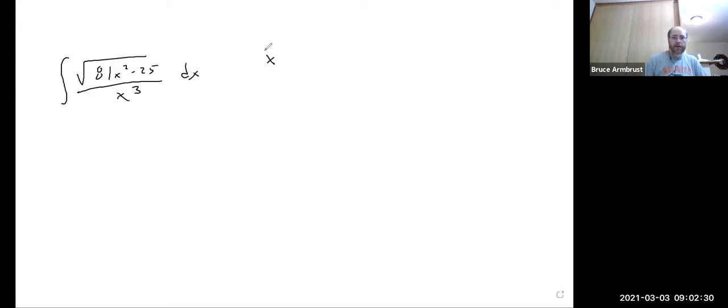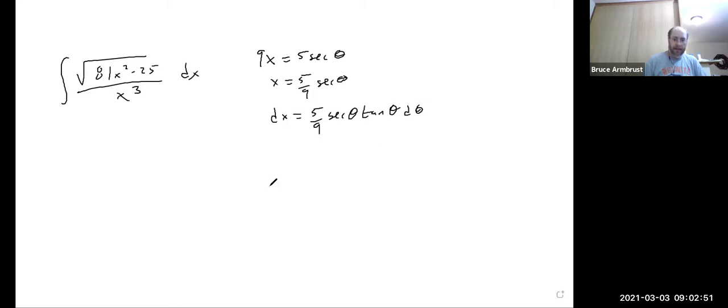And again, we're going with the substitution: 9x equals 5 secant of theta, or x is 5/9 secant of theta. So dx then is going to be 5/9 secant tangent d theta. So let's see what we get once we plug everything in.